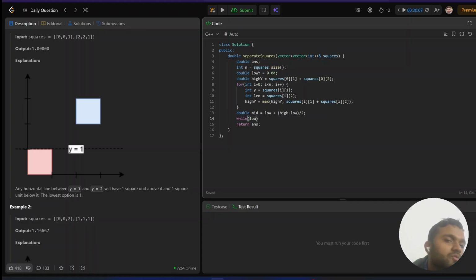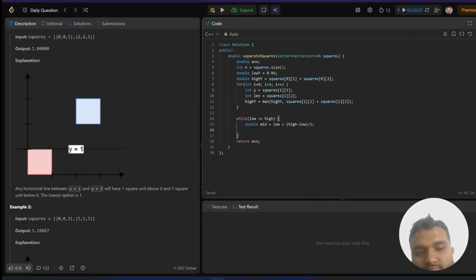While low is less than or equal to high, is there an equal to? Let me configure that later. And we have a mid. Now calculate the area, upper mid and lower mid. But how to do that?